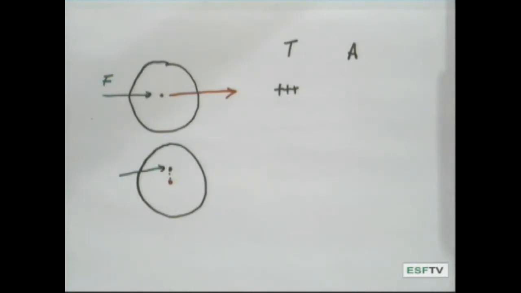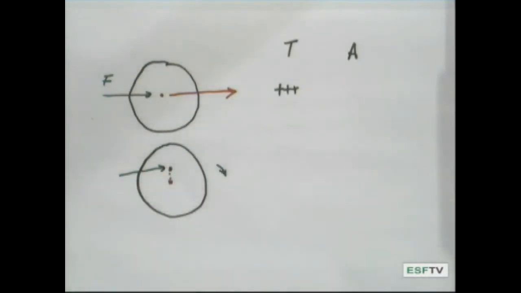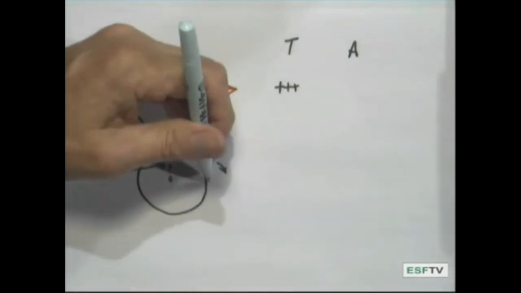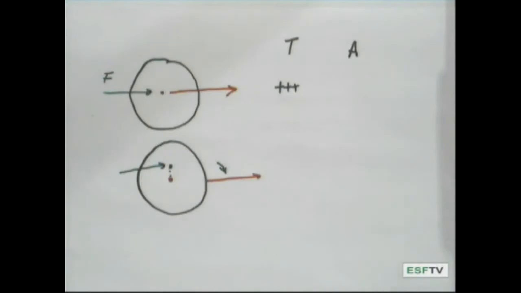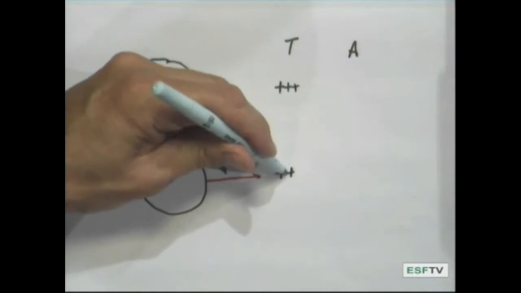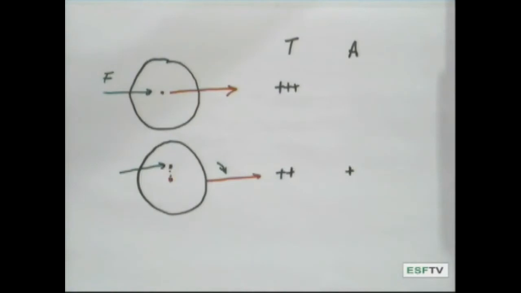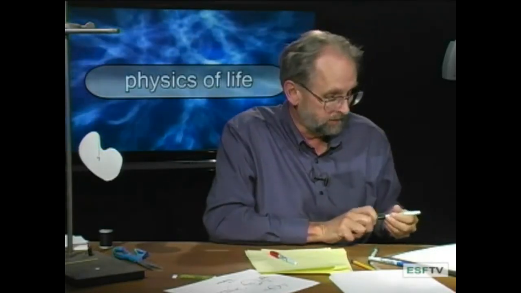What's going to happen then is that you're going to have a small angular momentum applied to this object, but you will have a large translational momentum. So if we continue with our table here, we'll have less translational momentum, but we'll have some small degree of angular momentum. Why? Because we have the force operating over a short moment arm, and the amount of angular momentum that's imparted depends upon the length of the moment arm.